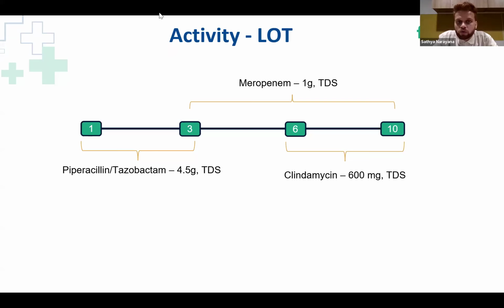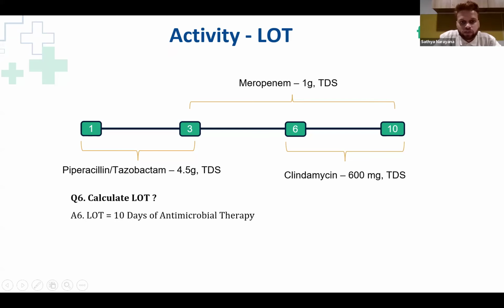So here the whole sum would be a meaningful LOT value. So that's why the LOT is considered as 10 days of antimicrobial therapy. So here we are dealing with complete duration from the beginning day to the last date. Here we are not comparing separately for one particular antibiotic. So that's why the more precise one would be DOT.